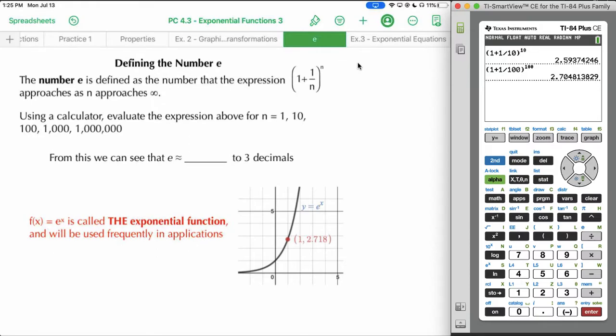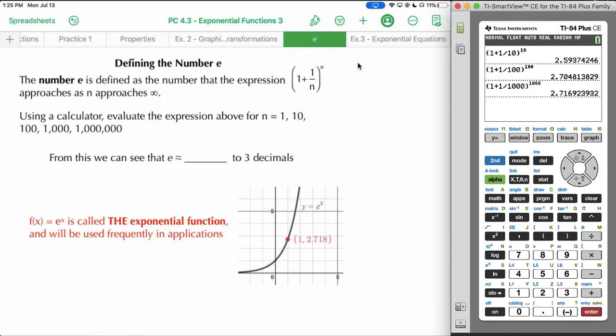Okay, we'll keep doing this. Let's make n 1,000 now. Right, 2.7169. So notice the last two results, I'm out to the tenths place as a value of 2.7.